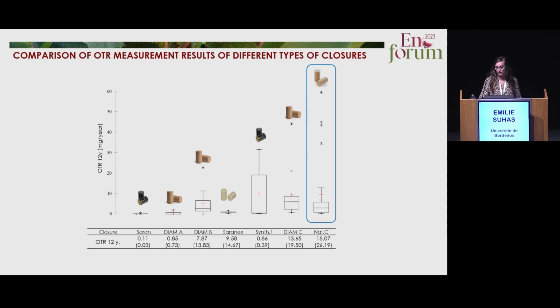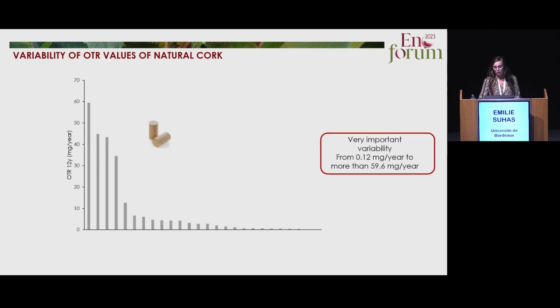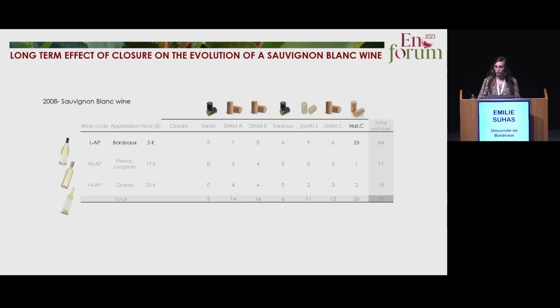So vice versa, for natural cork, we see that after 2 years of shelf life, you have an important variability among the various corks. So you have OTR readings going from 12 to almost 60 milligrams per year. So a 5-fold factor among the various stoppers.